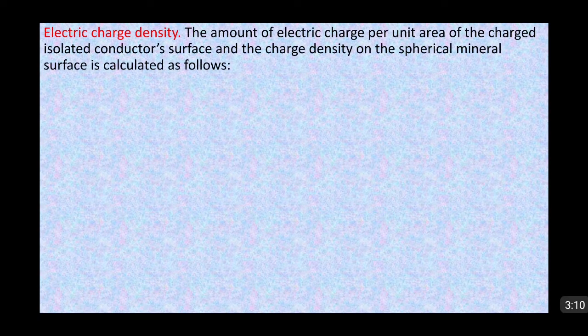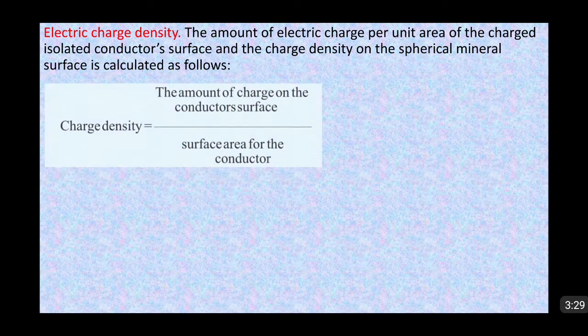Electric charge density. It is the amount of electric charge per unit area of the surface of an isolated conductor, and the charge density of a spherical metal surface is calculated as follows.